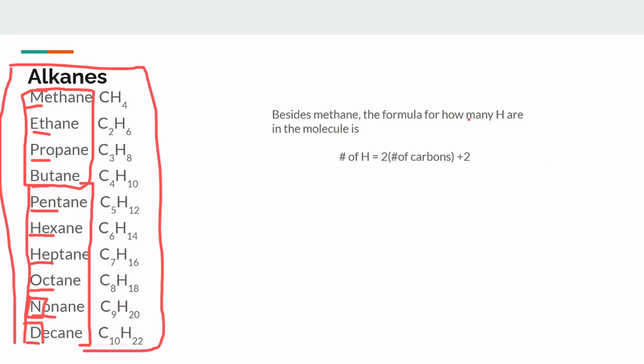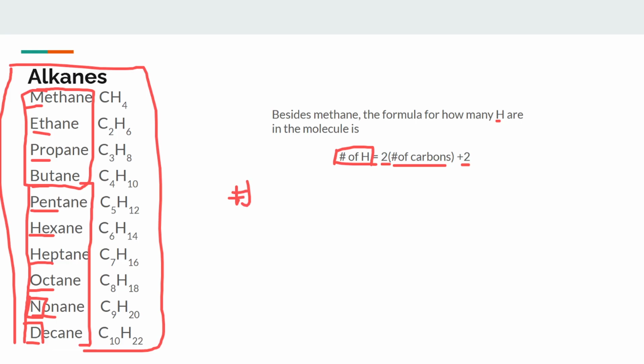Besides methane, the formula for how many hydrogens are in the molecule is the number of hydrogens is equal to 2 times the amount of carbons plus 2. We can look at ethane here and just prove it real quick.